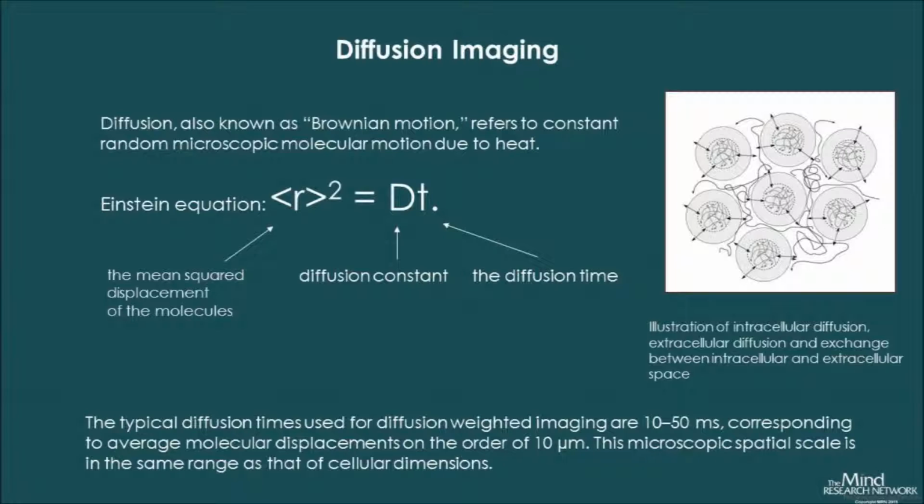This cartoon illustrates intravascular diffusion, extravascular diffusion, and exchange between intracellular and extracellular space. One key point for diffusion imaging, I think, is that the typical diffusion times used are 10 to 15 microseconds. This corresponds to an average molecular displacement on the order of 10 microns, so this microscopic spatial scale is in the same range as cellular dimensions.